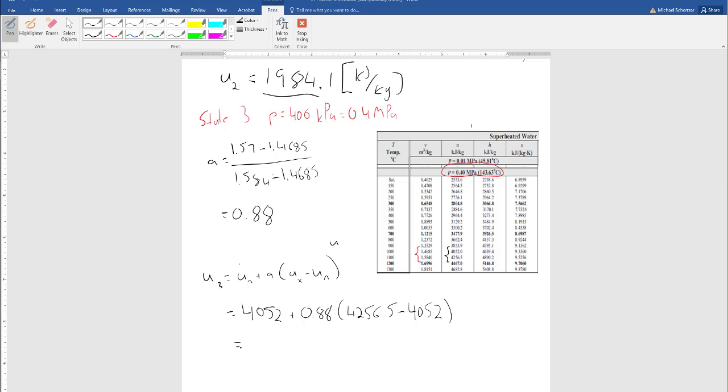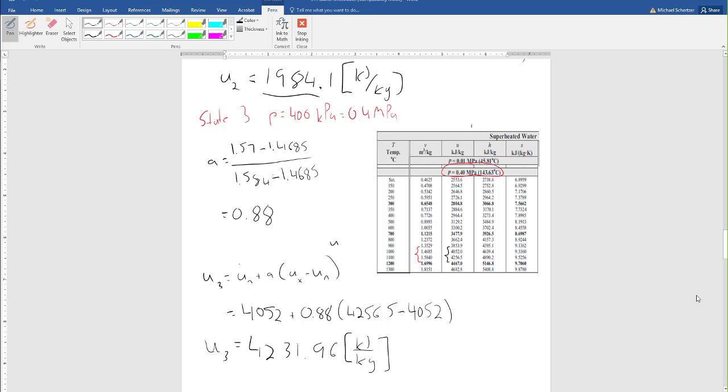Just for your information, the way I always do these on my calculator, I take this difference, I multiply it by A, and then I add this. I don't know if that's better or worse, but that's the way that I do it. That gives 4231.96 kilojoules per kilogram. So this is 4231.96 as U3.